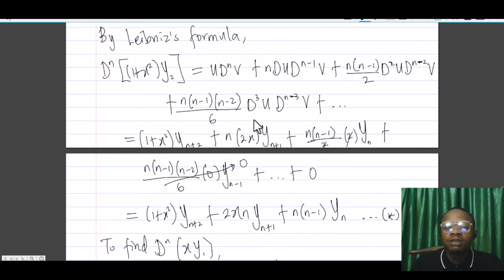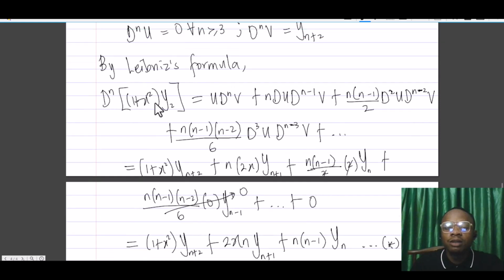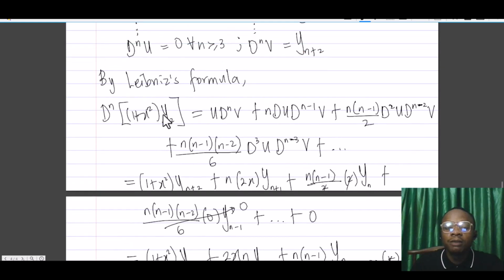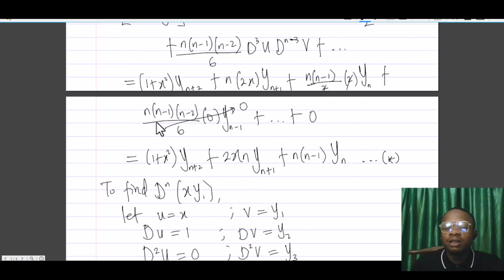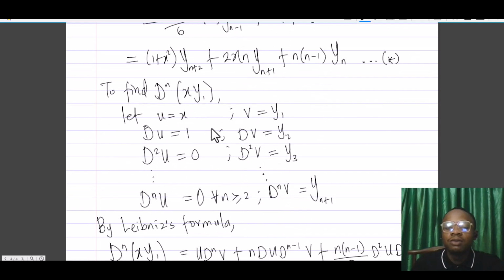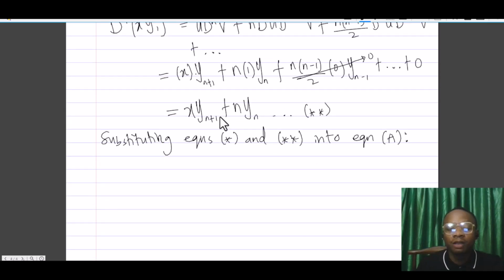It was the nth derivative of 1 plus x squared sub y2 multiplied by y2. So we go back here. So instead of this, we now write in or put in this expression here, which is 1 plus x squared. So we now have this to be 1 plus x squared into y n plus 2.